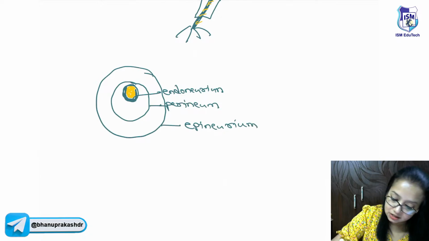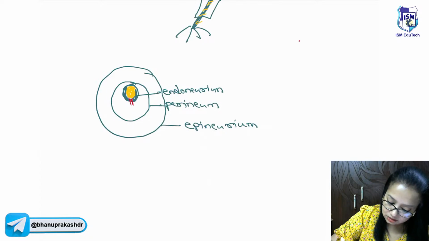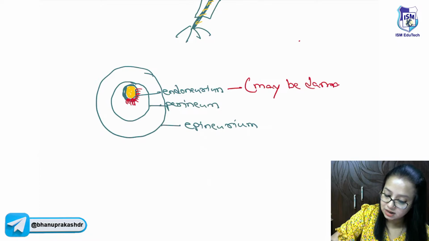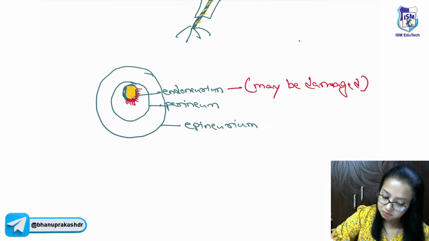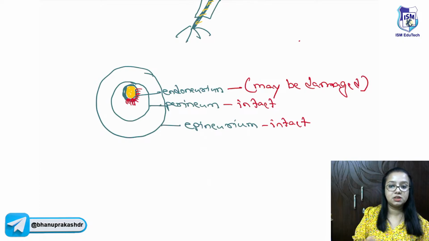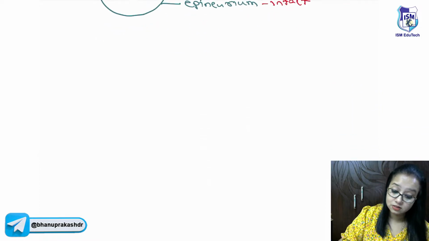This is the hierarchy. Now in case of this axonotmesis, what happens here? In some cases the endoneurium may be damaged. Okay, but the epineurium is intact and the perineurium is also intact. Only the endoneurium may be damaged in some cases. That is Seddon's classification. Okay, the older one.